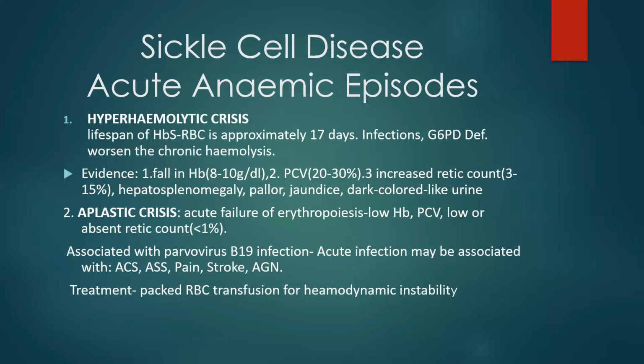There's another type of crisis, that is the aplastic crisis. Actually, this is when there's an acute failure of erythropoiesis. When laboratory tests are done, they may show a very low HB, very low PCV, no retic count, or a very low cell count.